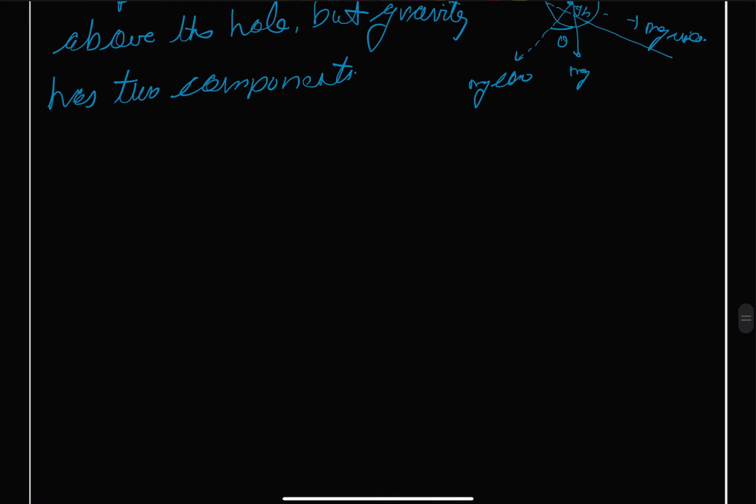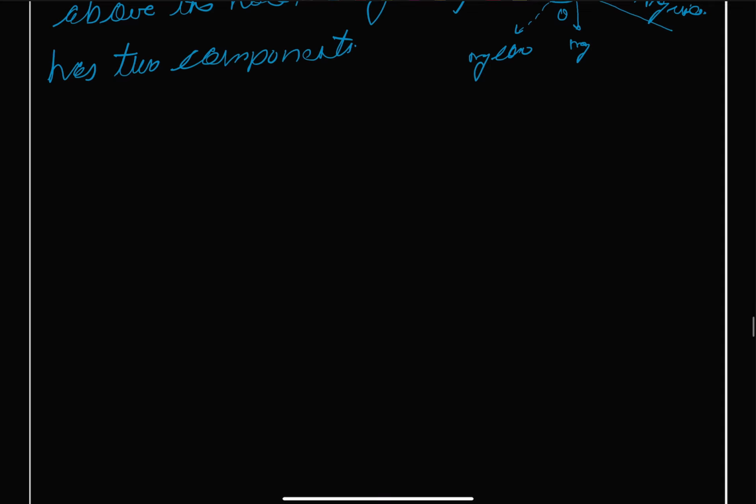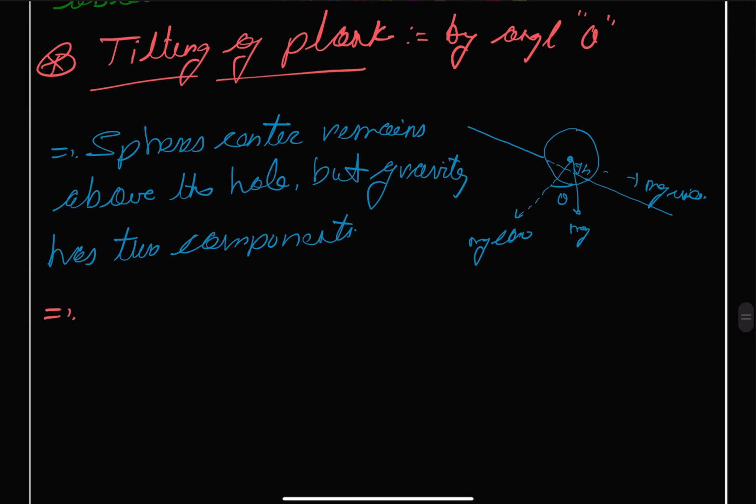Now it will be something like this. So this will be the x-axis and this will be the z-axis, okay, because we have assumed that the x-axis is with respect to the plank. So if the plank is moving, our x-axis is going to follow that particular thing.